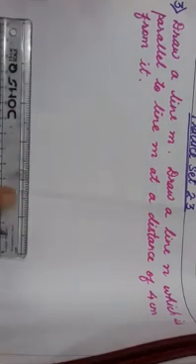Now come towards the third question of practice set 2.3. Let us see how to do this question. Draw a line M, draw a line N which is parallel to line M at a distance of 4 cm from it. This question is similar to construction 2. So here also we will draw a line M first.